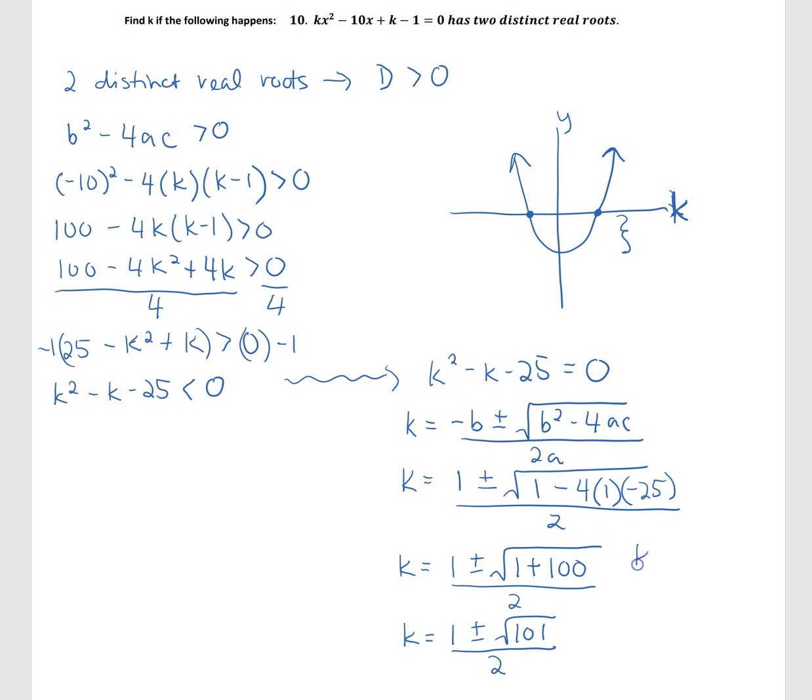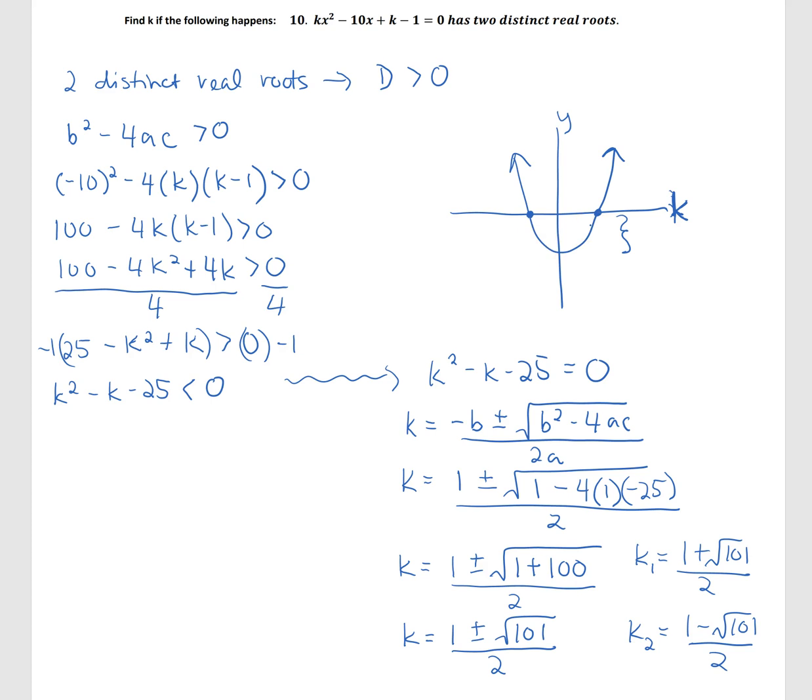And so this gives us the two values for these points here. k1 is equal to 1 plus the square root of 101 over 2. k2 is 1 minus the square root of 101 over 2. But if we remember, what we really have here is an inequality, and we're looking for basically all the values of k in between these two points, because those are the values of k where this function is negative.